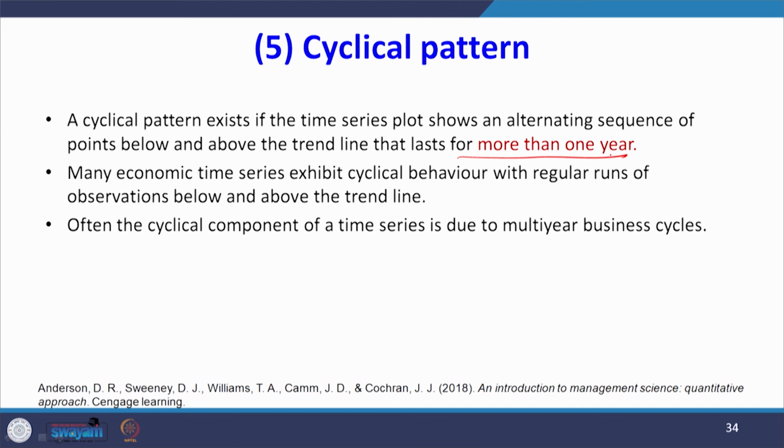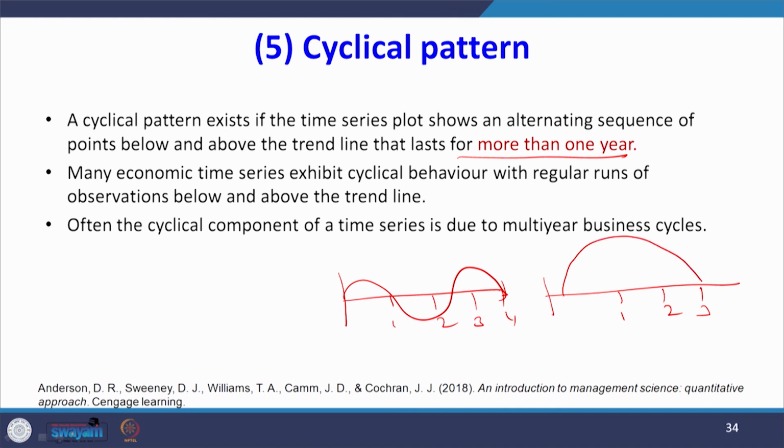In the seasonal pattern, the variation is within the year. For example, say this is quarter 1, quarter 2, quarter 3, quarter 4. So, there may be seasonality like this, but a cyclic pattern is in the sense that this is year 1, year 2, year 3. Some years there may be high, after some years it will be low. That type of pattern is called cyclic pattern.